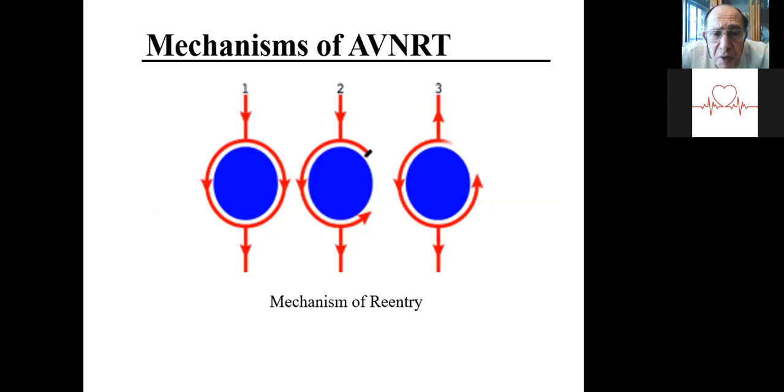The mechanism of supraventricular tachyarrhythmia: I mentioned that there is a fast pathway and a slow pathway. Sometimes block occurs in one direction and the impulse passes here and returns retrograde. So the block is antegrade but not retrograde. The impulse circles around the AV node.